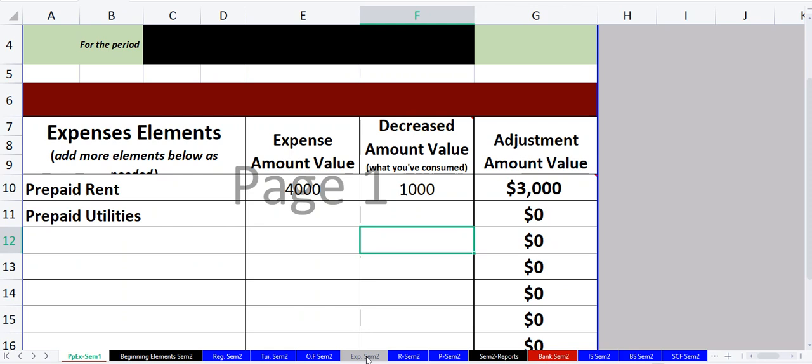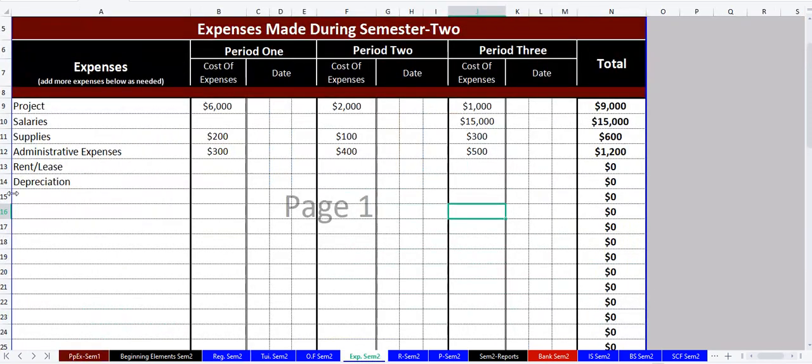So that is done. Now the depreciation, this just reminds me, the equipment that was purchased for semester 1, we did some purchase of equipment, right? That was one laptop computer.